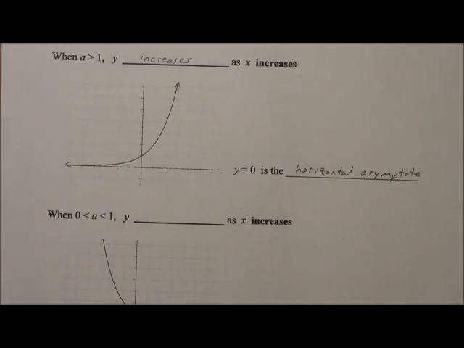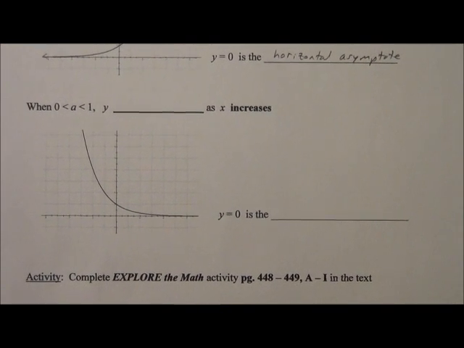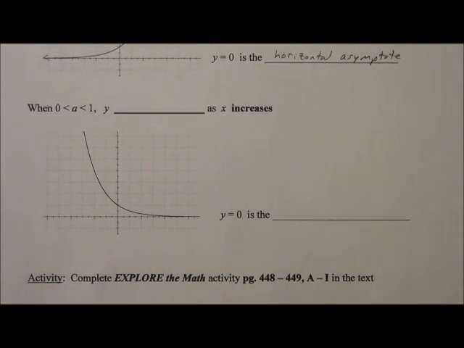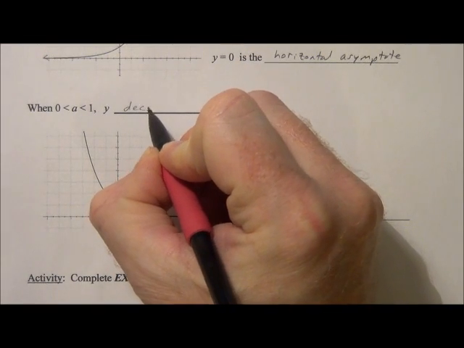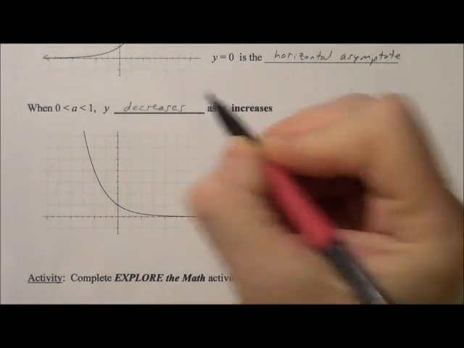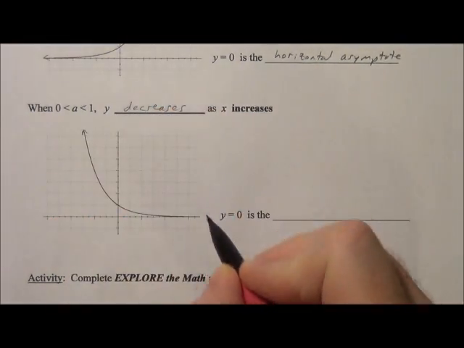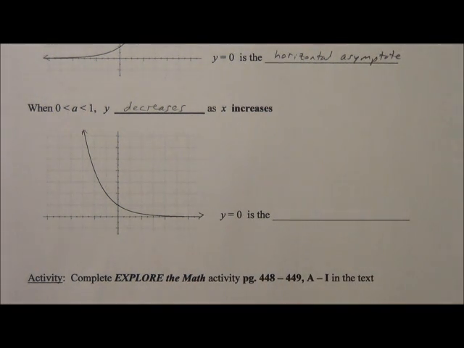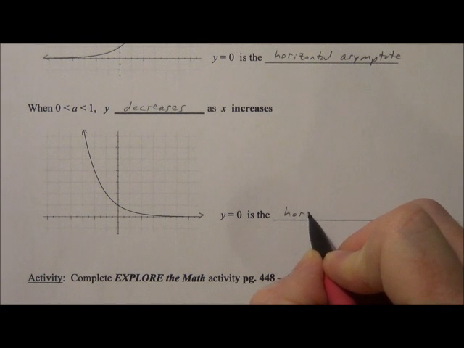Now, when a is a fraction between 0 and 1, we look at the graph, we see that y decreases as x increases. And y equals 0 is, again, the horizontal asymptote.